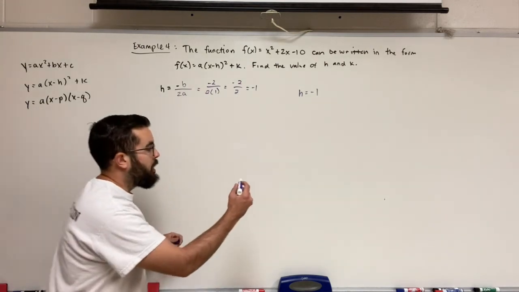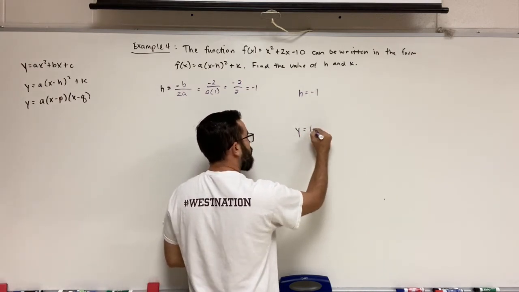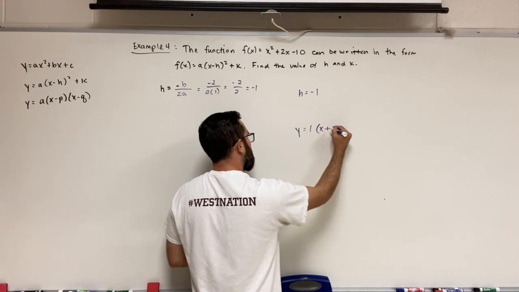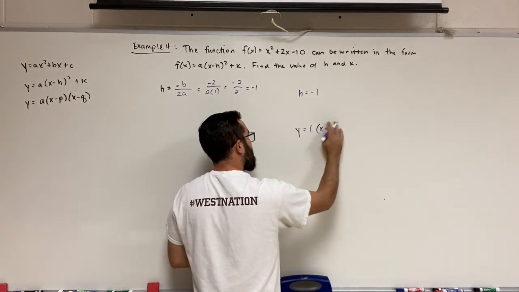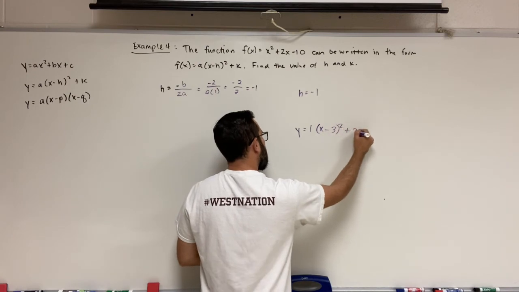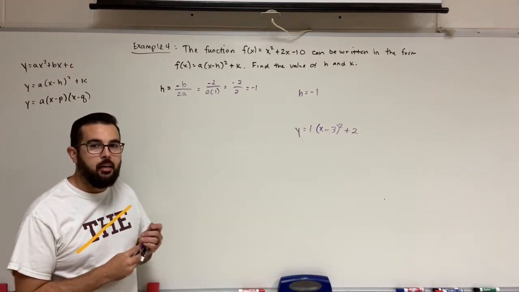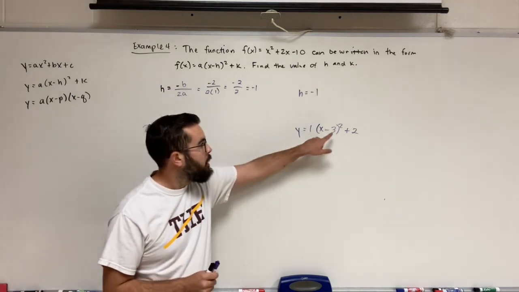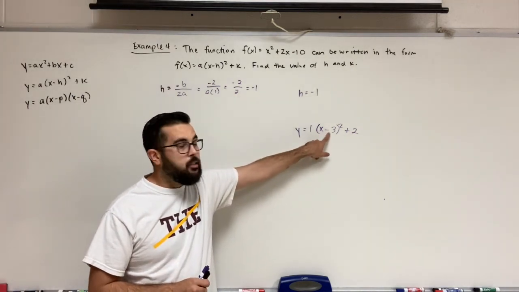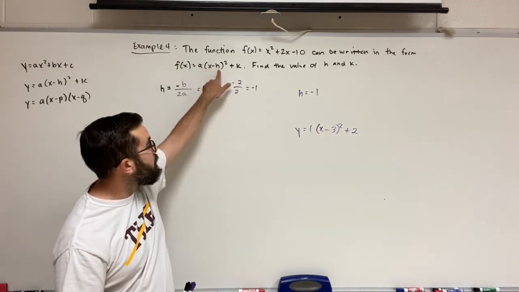So if I was to ask you, let's give an equation. Now let's do x minus 3 squared plus 2. If I was to ask you for the value of h and k here, if you said h is negative 3, you'd be wrong, because in the general form it's x minus h.